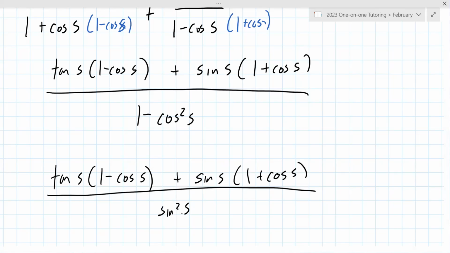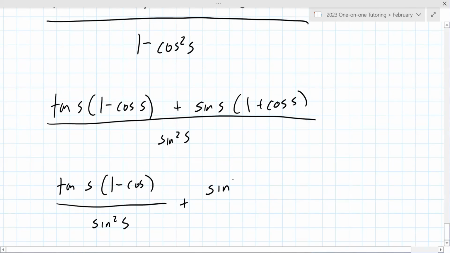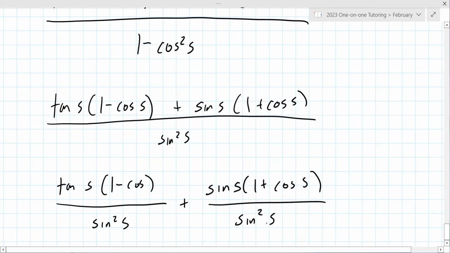So I want to say that the sines cancel, but you have to divide both. It's not like a choice. You have to divide the left by sine squared and then the right by sine squared. I'm sorry, that's only a one when there's sine. So you have to break it apart so that they're both divided.